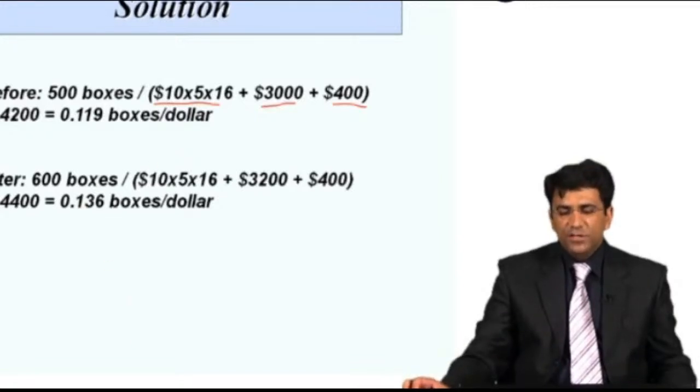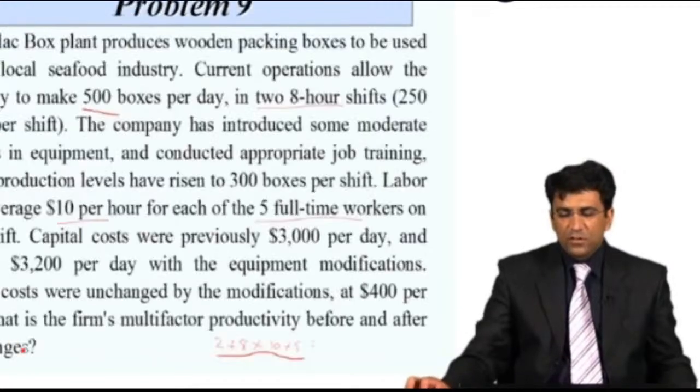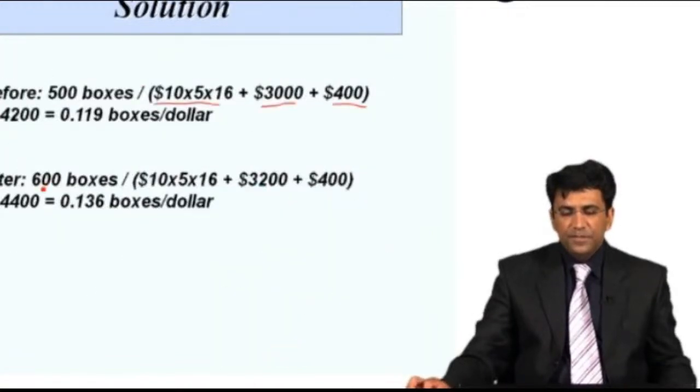Similarly, we can also calculate the productivity after the introduction of the new equipment. You can see now the new output is 600: 300 boxes per shift means, as there are 2 shifts, the total output will be 2 multiplied by 300, which is 600, divided by the same labor cost.